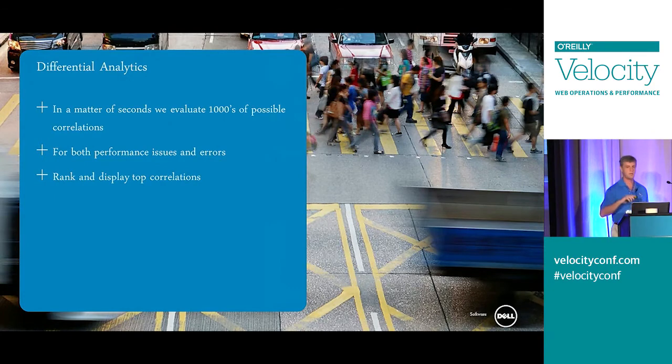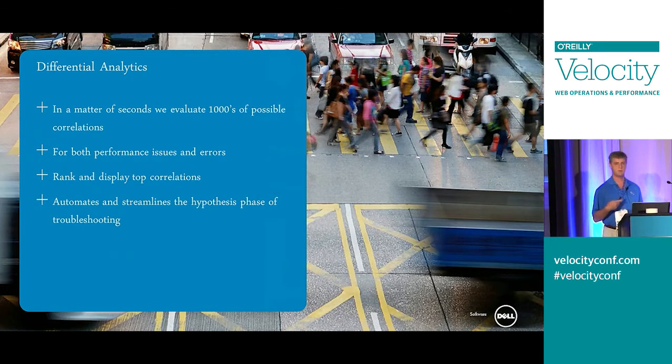And then by ranking these, all the stuff that doesn't matter drops off, and you can focus on the top 3, 4, 5 things, and then really dive into what's going on there. So it really saves time and streamlines what I call that hypothesis phase that we go through when we're troubleshooting. Is it this? Is it this? Is it this? Because we're basically guessing and disproving thousands of possibilities at a time and helping you focus your attention where it needs to go.